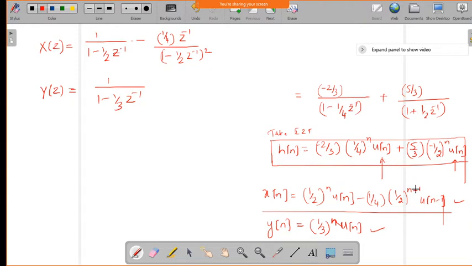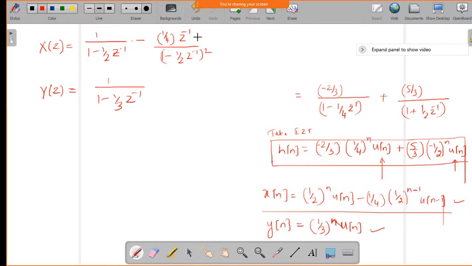You can see here it is varying from 1 to infinity, so this is only for n greater than or equal to 1. But here, half power minus 1 you have to take outside.